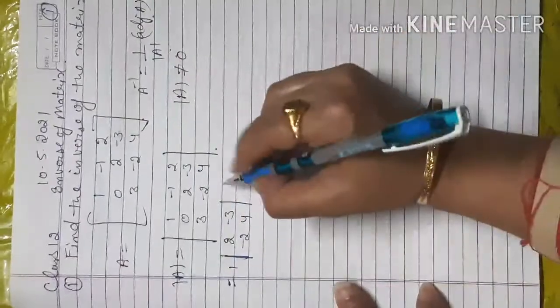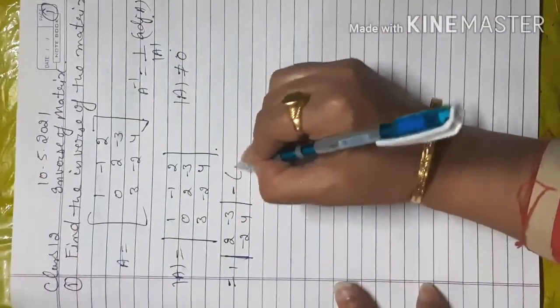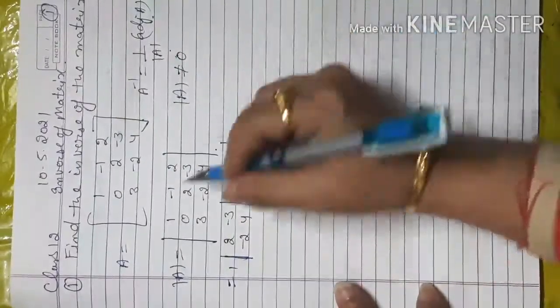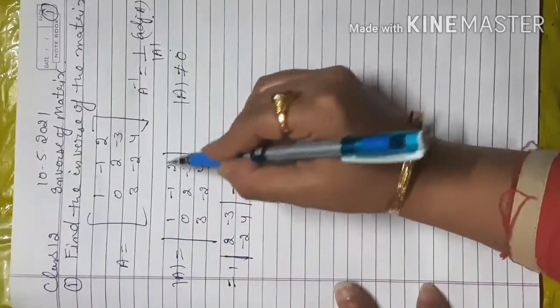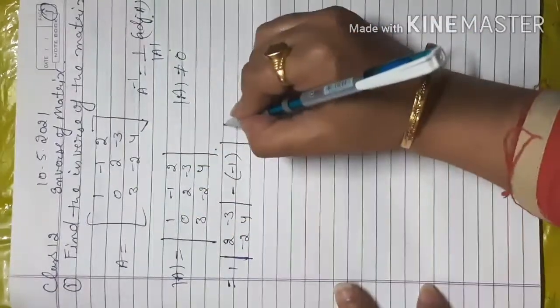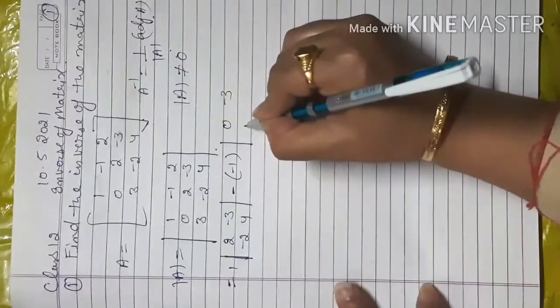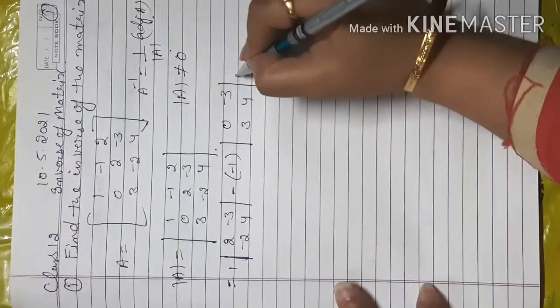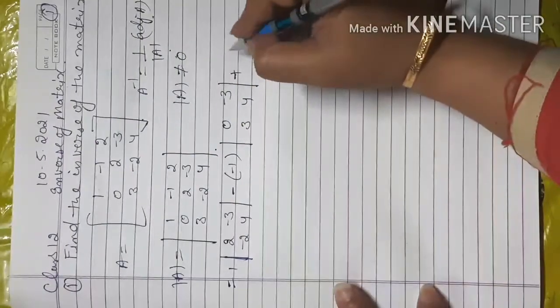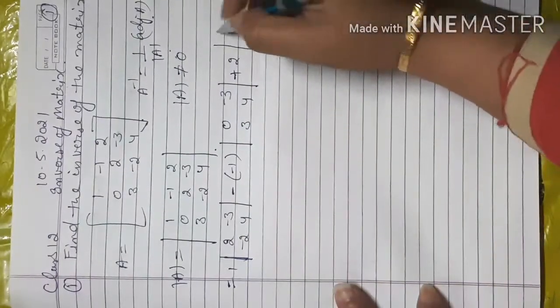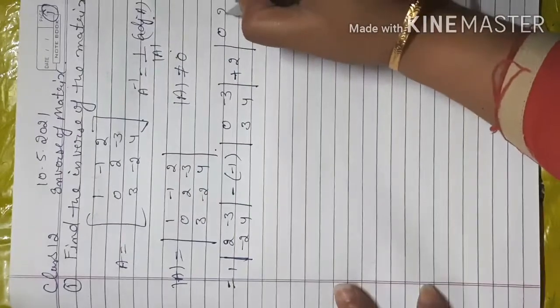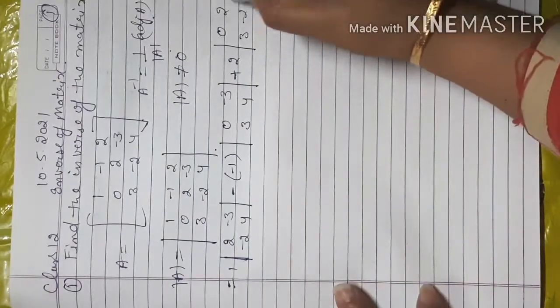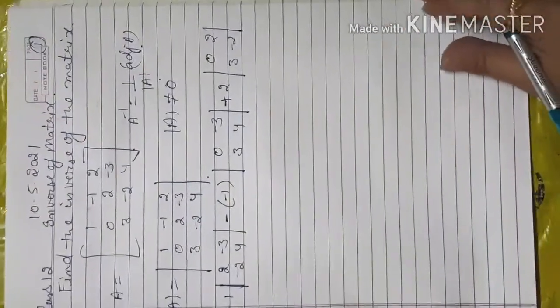Then the first row, second column position sign is negative and the element is minus 1, and ignoring this row and column, the elements are 0 minus 3, 3 4. Then the first row, third column position sign is positive, the element is 2, and the connected elements are 0 2, 3 minus 2. So these are my elements.